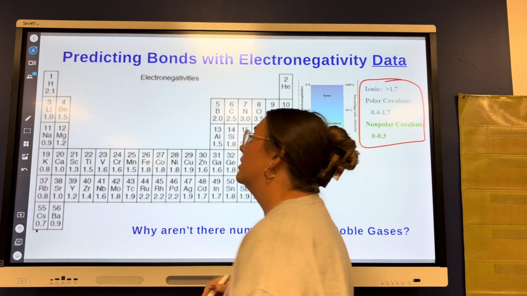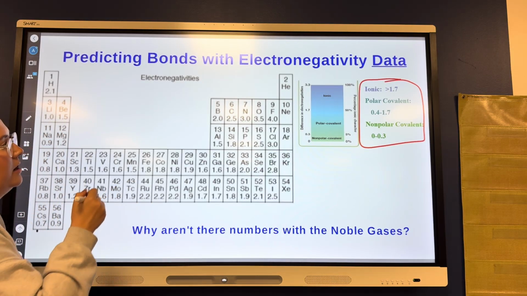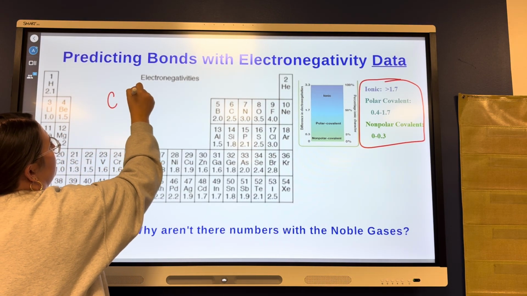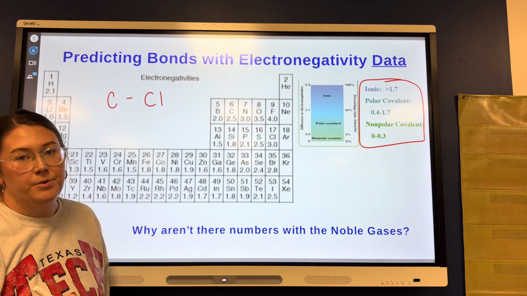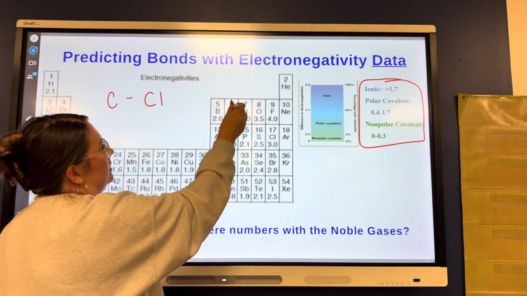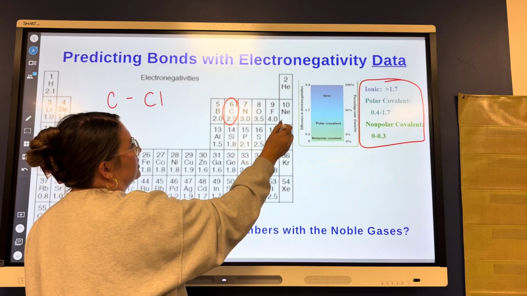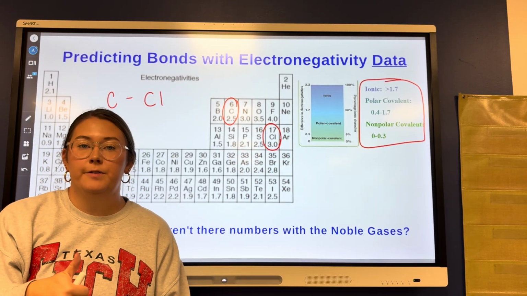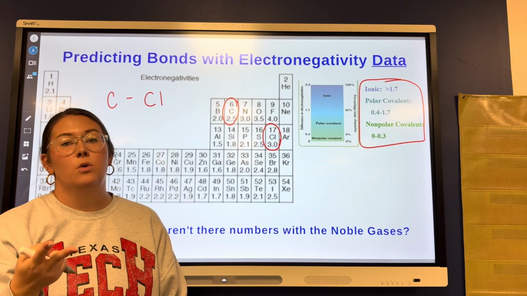So for example, if I have carbon and chlorine bonding with each other, I'm going to look and find the values for carbon and chlorine to determine if it's polar covalent, nonpolar covalent, or ionic.